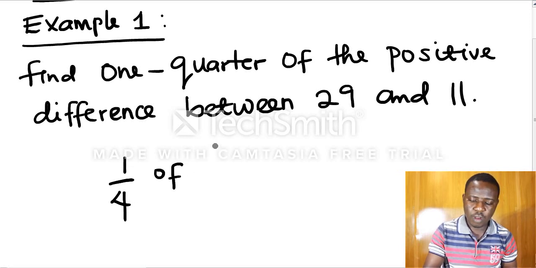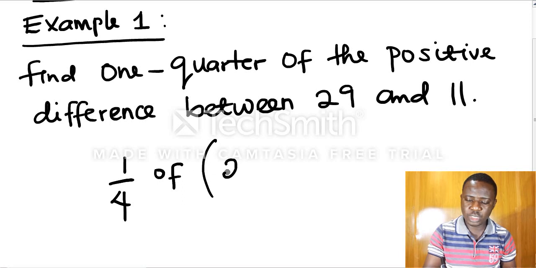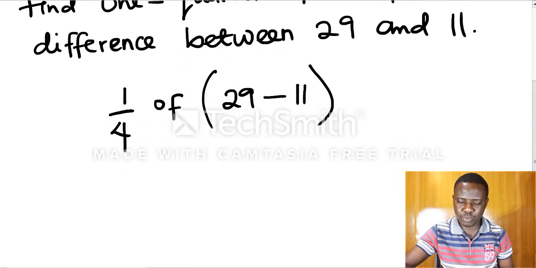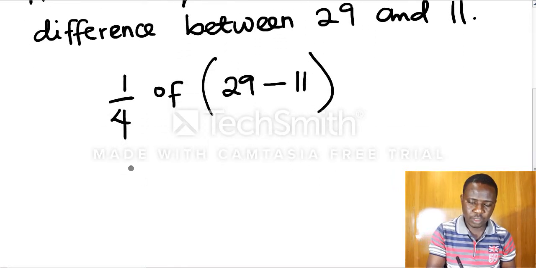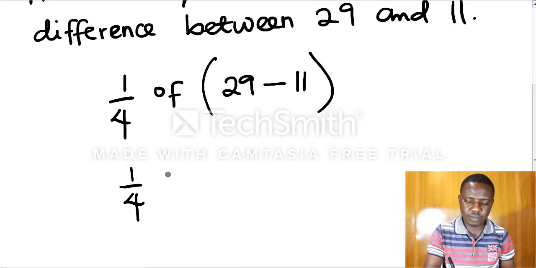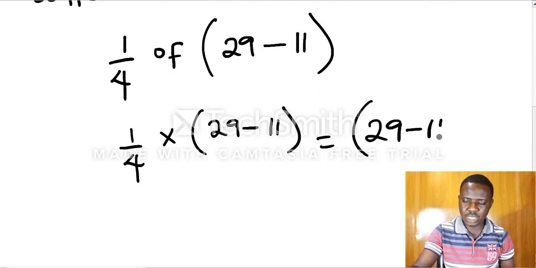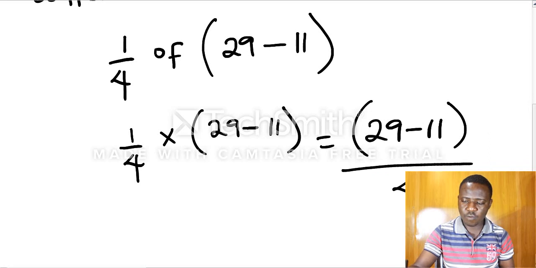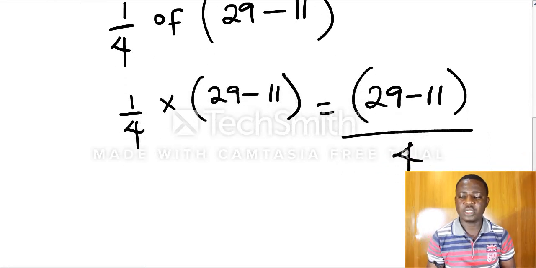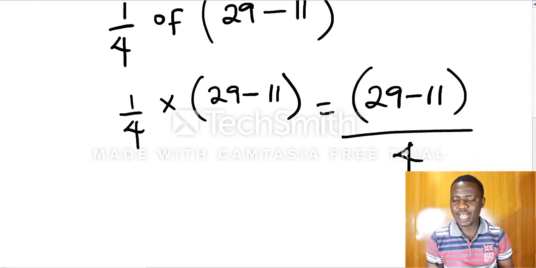So this is how it is expressed, and we can simplify it: 1/4 of simply means times, multiplied by 29 minus 11, which we can also write as bracket 29 minus 11 divided by 4. So I'm going to subtract 11 from 29, and the result I will divide by 4.